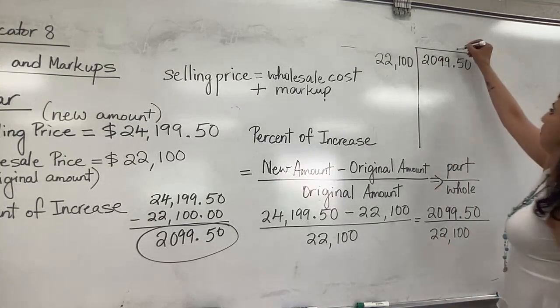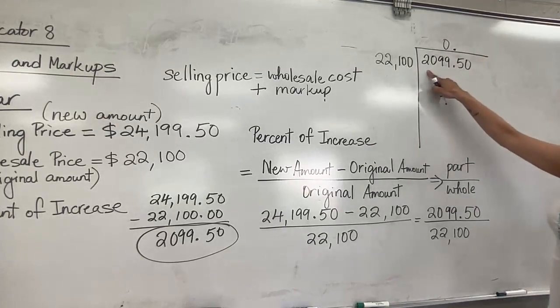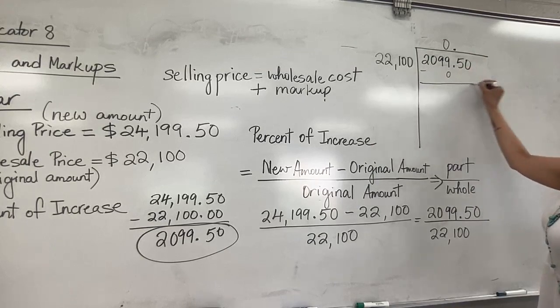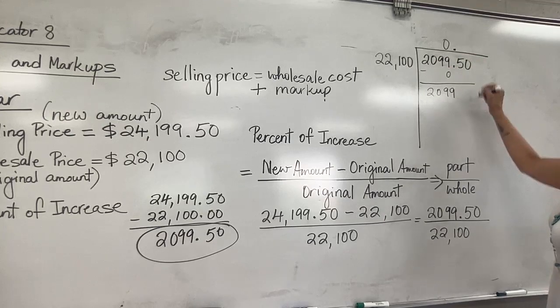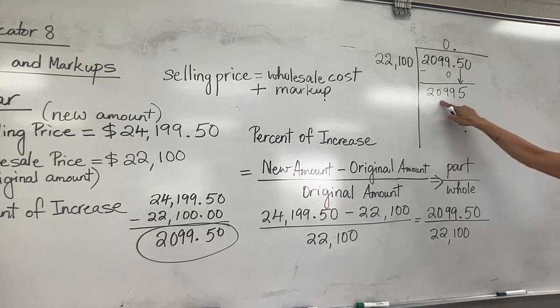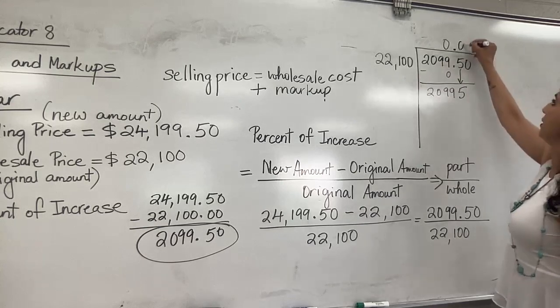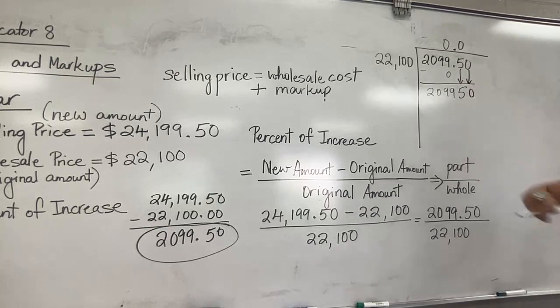So decimal above decimal, this is zero, can go. And then obviously minus zero, zero times that, and I get to 099. Put the decimal, I bring this down. This number 20,995 is still less than this, so again, another zero. Then I bring this down.